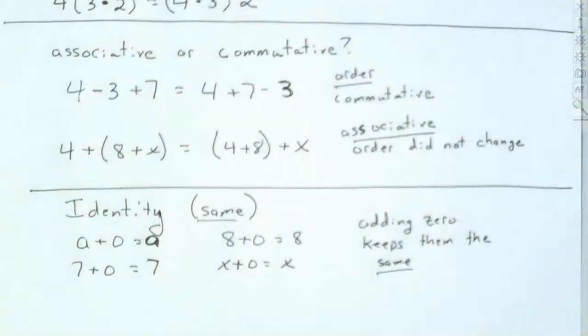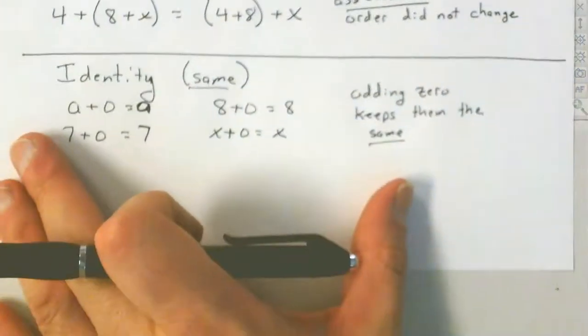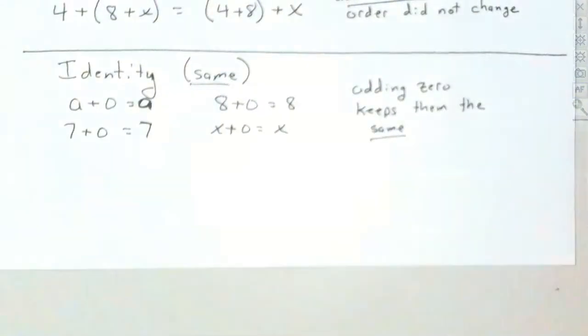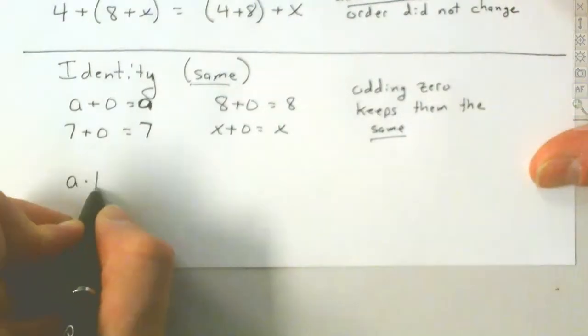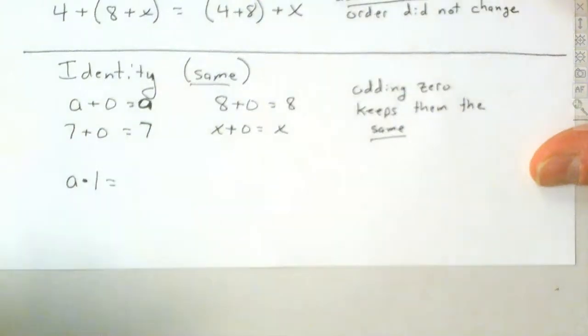So when we add 0 to something, it doesn't change it at all. It keeps it the same, right? Identity means the same. What also works? Well, when we look at multiplication, we have to be careful because it's not just 0, it's 1. Because when we look at multiplication, a number times 1 is still what? Itself.